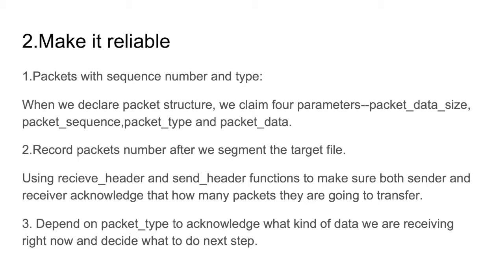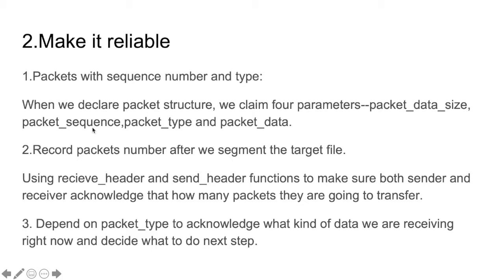First, packets with sequence number and type. When we declare the packet structure, we claim 4 parameters: packet data size, packet sequence, packet type, and packet data. Before I explain these 4 parameters, I have to tell you that we cut the file we are going to transfer into small pieces and give each piece its own number.